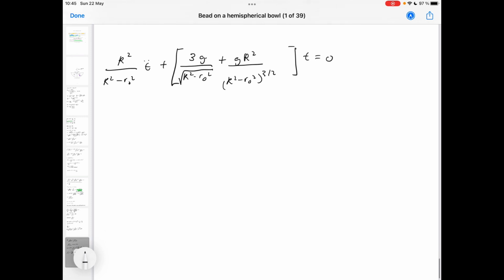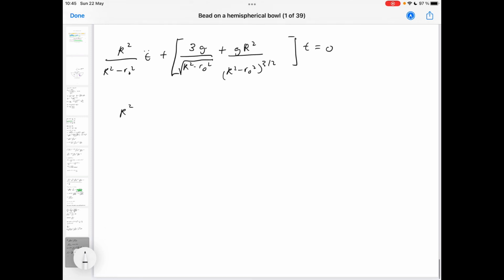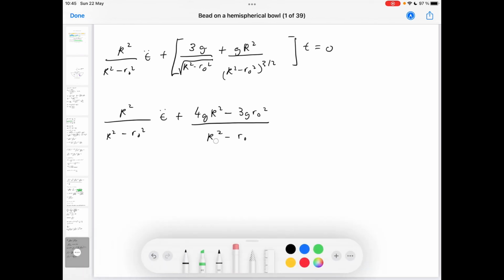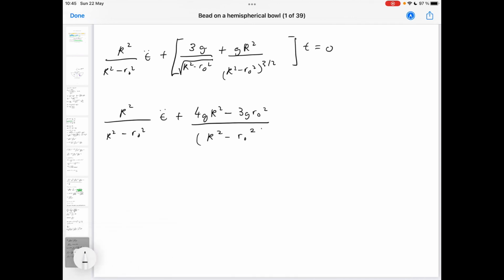So we get R squared over (R squared minus R naught squared) epsilon double dot plus, now we'd have 3g R squared plus g R squared, so that would be 4g R squared minus 3g R naught squared, making everything under the same denominator, over (R squared minus R naught squared) to the 3 halves, epsilon equals 0.